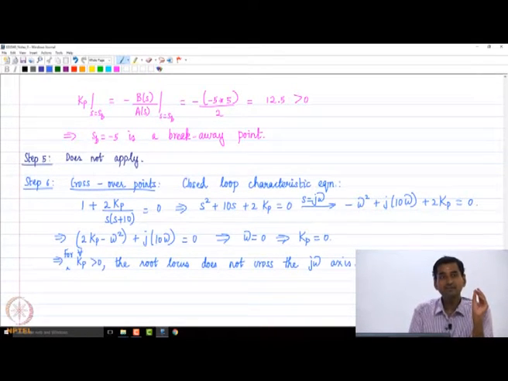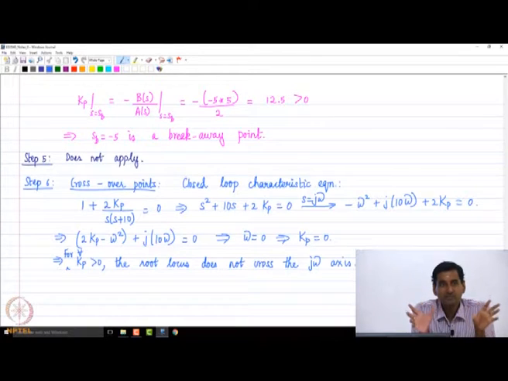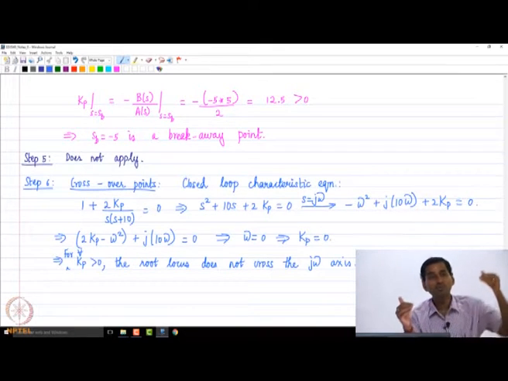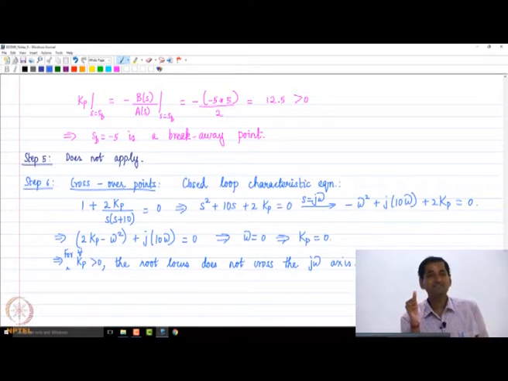I think we might have discussed this point, because you are right. If 0 does not lie on the root locus from step number 2, we can straight away say that the origin is not a crossover point, but I can have a complex conjugate crossover point once again. Imagine we can have two branches cutting the imaginary axis.